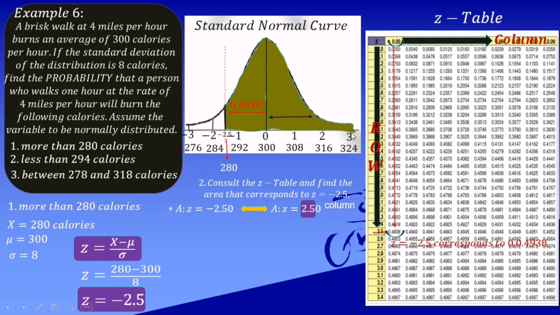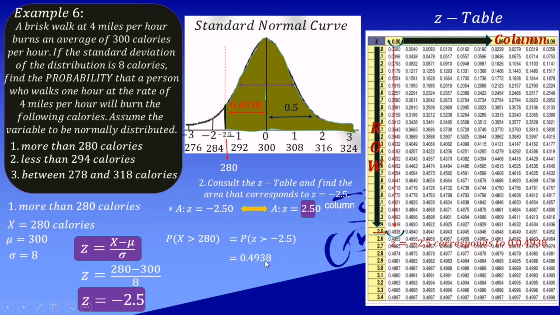In another shaded region, yung kalahati ng normal curve, alam natin that is 0.5. So, to find all the shaded region, probability notation natin x is greater than 280 since more than ang gamit natin, is equivalent to probability z is greater than negative 2.5. Yan ang corresponds with the x values.